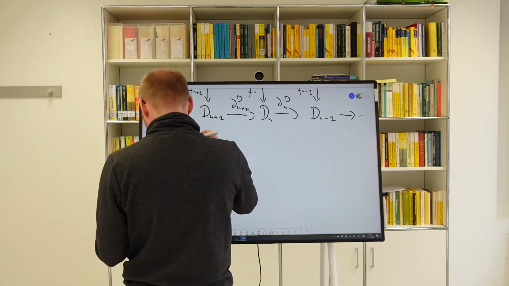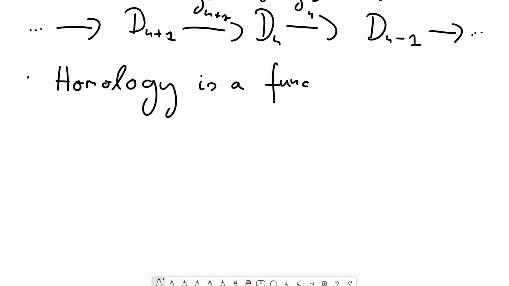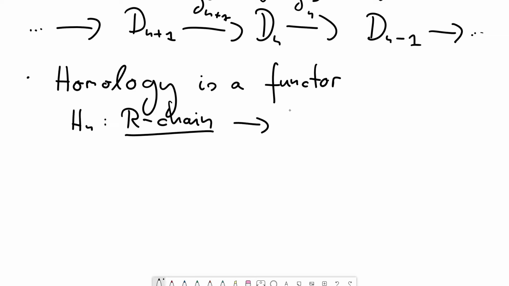Yeah, this is the remark. Homology is a functor called H_n, going from the category of chain complexes to the category of R modules.